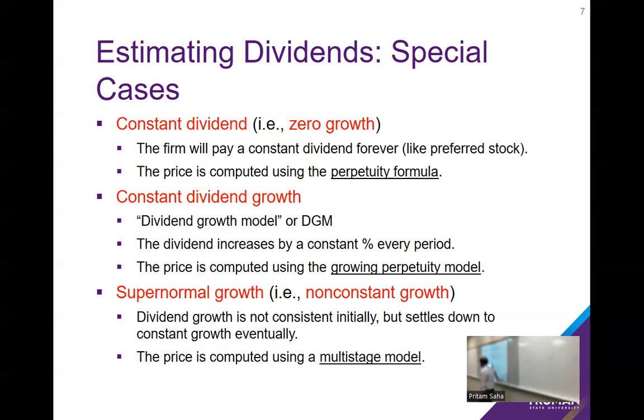The second is constant dividend growth. Be careful: not constant dividend, constant dividend growth. That means forever they will follow a fixed dividend growth rate. Let's say 2%.